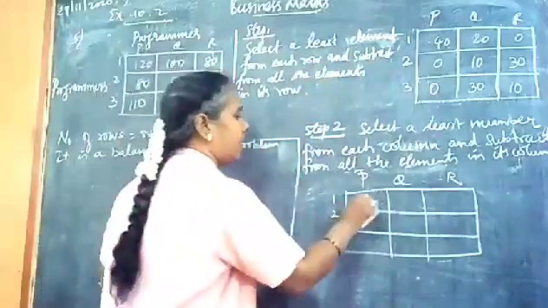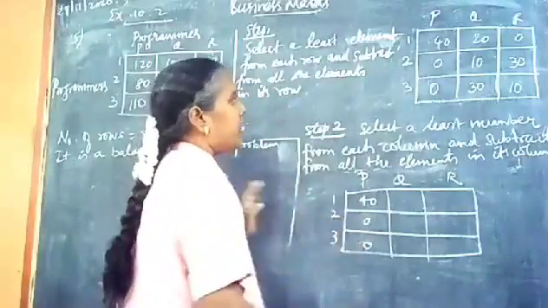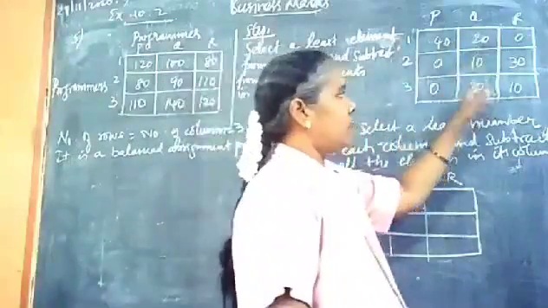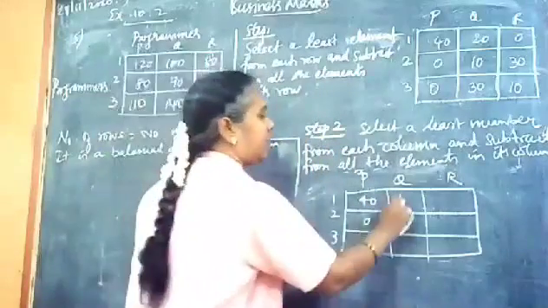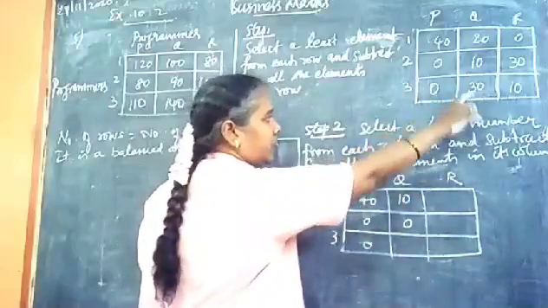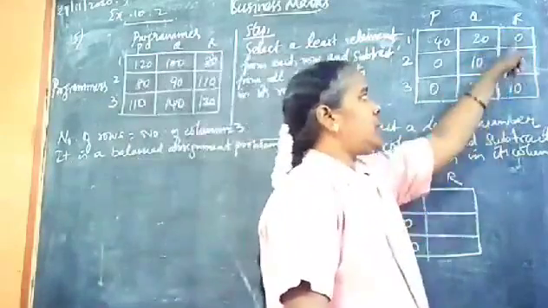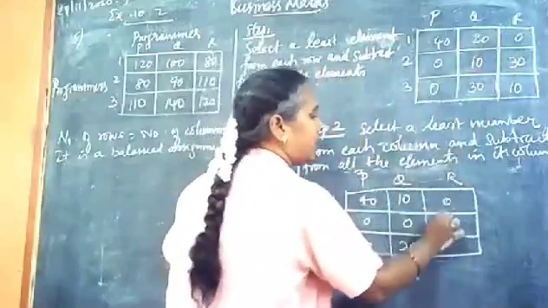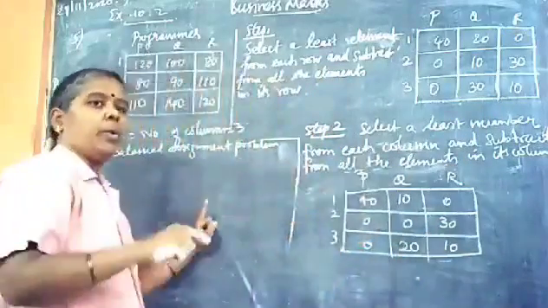Okay, well? 0 minus 0, 0 minus 0. That's all. Okay. Now coming to this column, which is minimum? 10 is minimum. 20 minus 10, 10. 10 minus 10, 0. 30 minus 10, 20. Which is minimum here? 0. 0 minus 0, 30 minus 0, 10 minus 0. This is the minimum number that is subtracted.